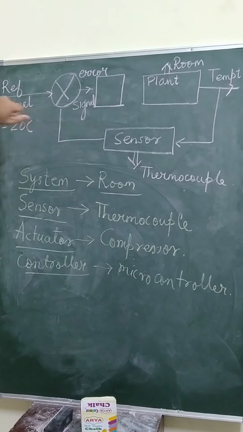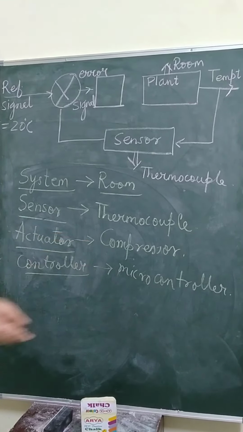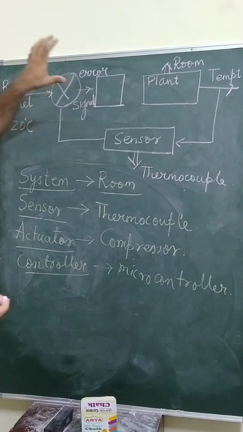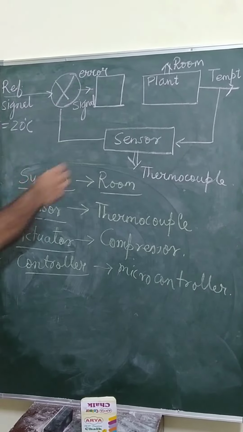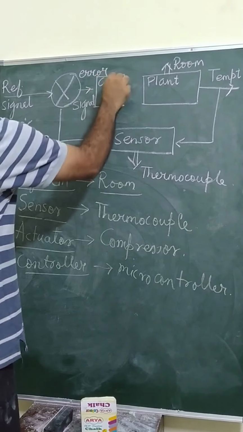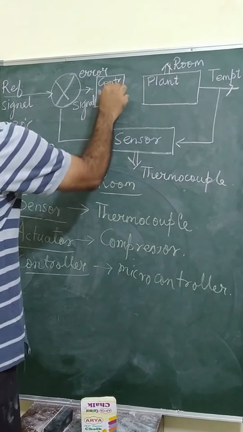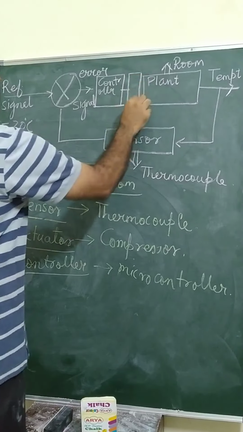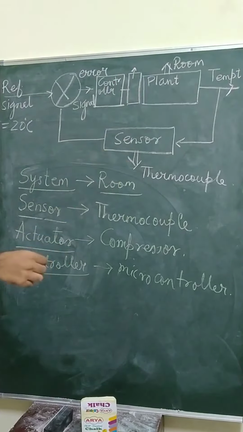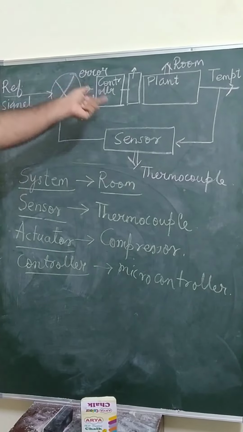Here the decision is quite simple. What is the decision? Whether I want to switch on or off the actuator, the compressor. Right? So if the error is non-zero, or if it is positive, then what would the controller do? The controller will give a signal to the air conditioning compressor. I'm sorry, I'm short of space here, but I have already drawn this diagram, right?